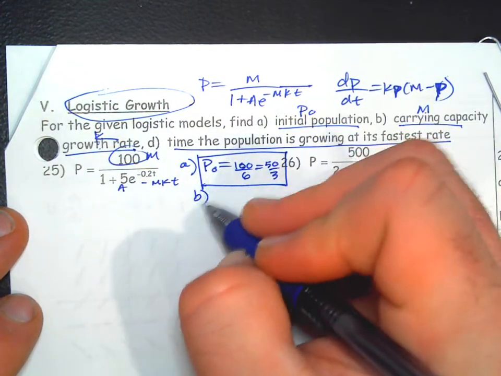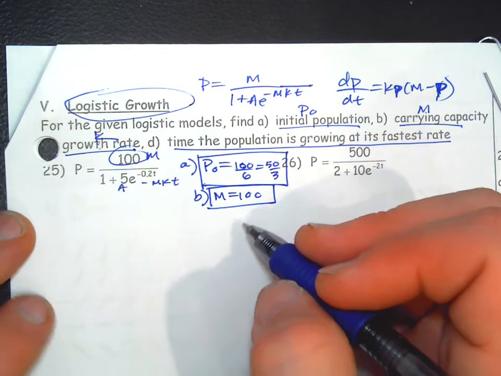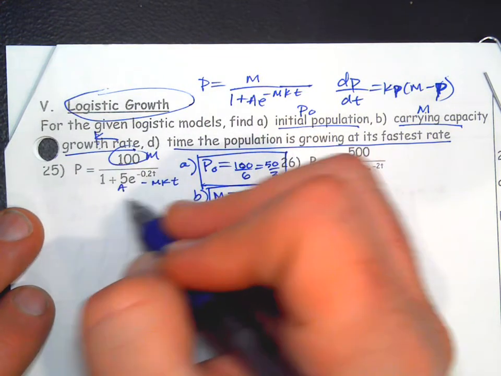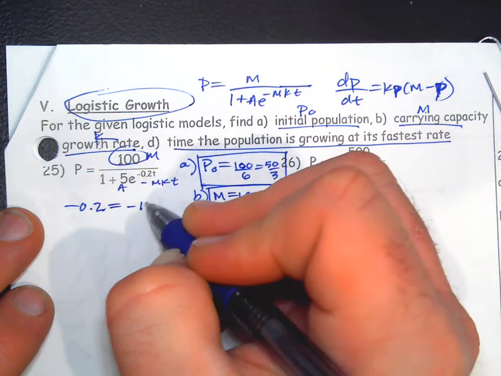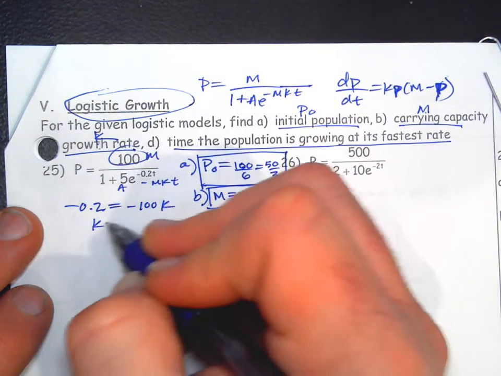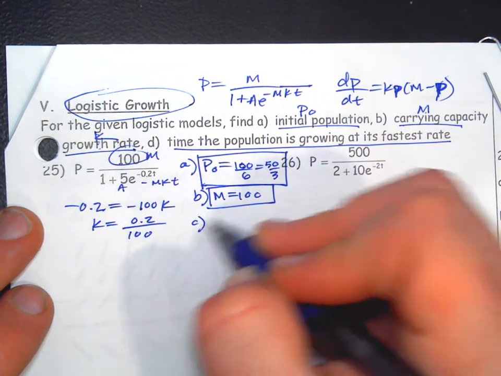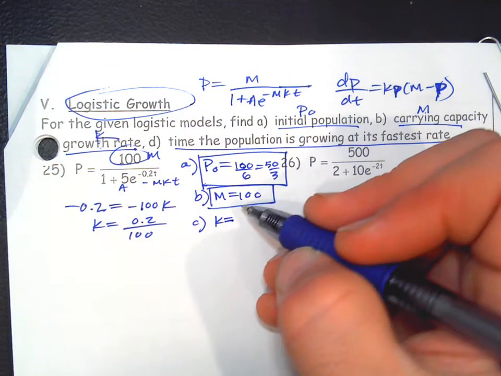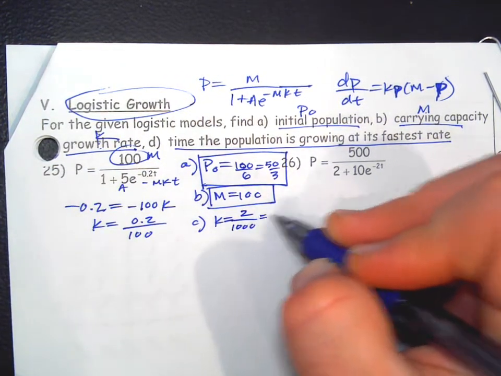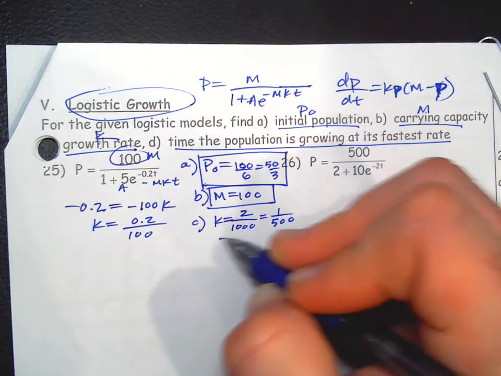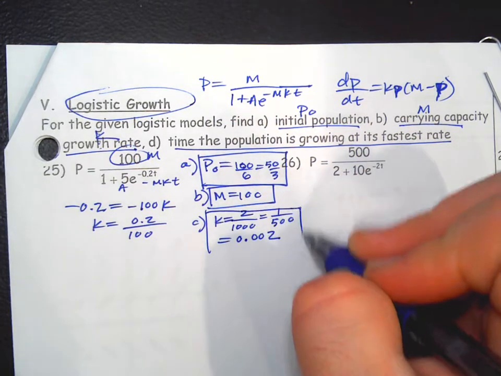B, the carrying capacity, is 100. C is what I'm going to try and find right now. So negative 0.2 equals negative MK, and M was 100. So k equals 0.2 over 100. We could either say 2 1,000ths or 1/500th or 0.002. Any of those answers is fine.